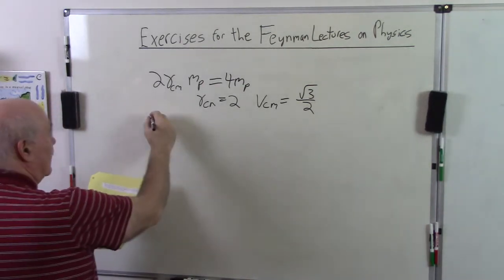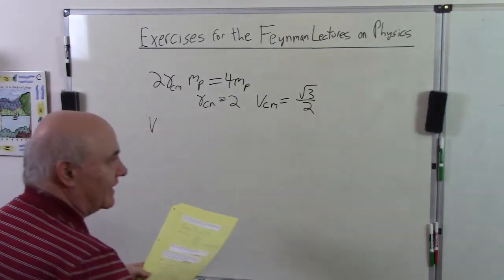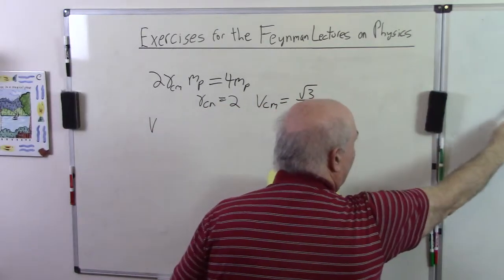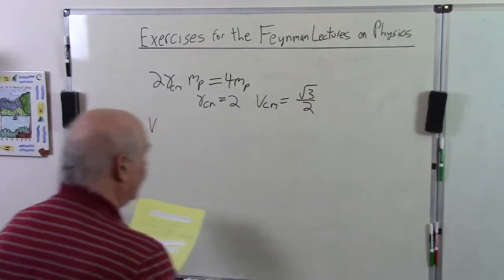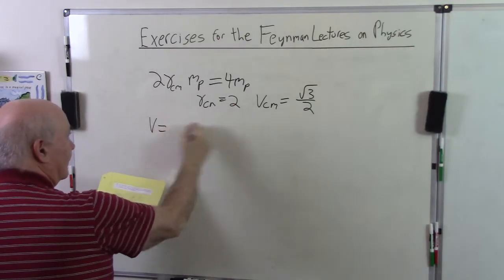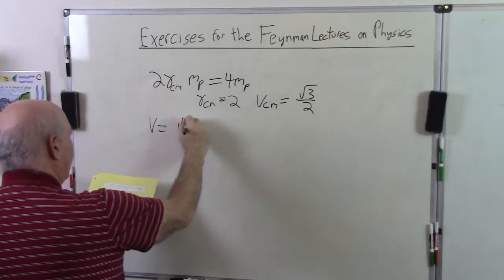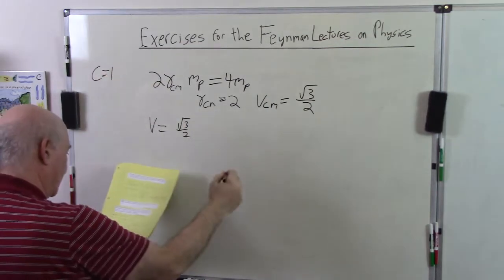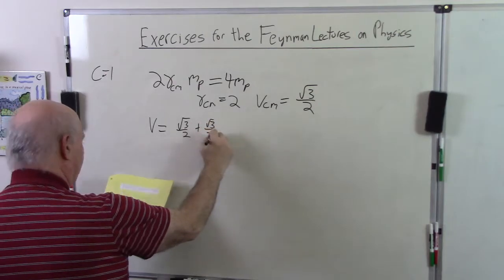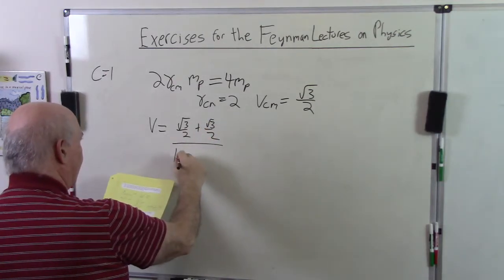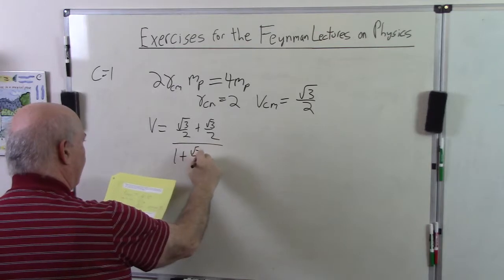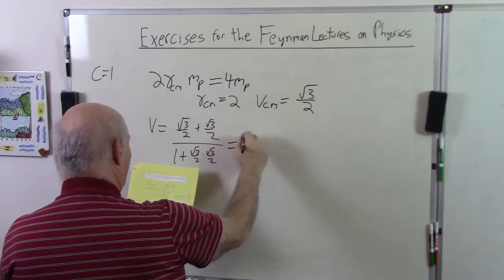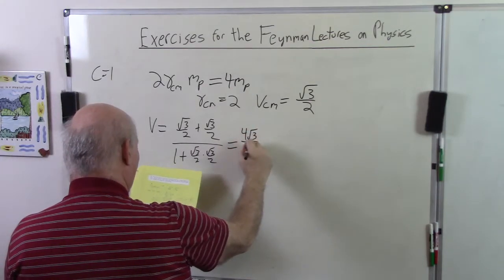Now, the velocity of the particle in the lab, this particle that hits the target particle, we're just adding two relativistic velocities of that magnitude, so it's going to be the square root of 3 over 2, again, c equal 1 in all these videos, plus the square root of 3 over 2, divided by 1 plus square root of 3 over 2 times square root of 3 over 2, and this is equal to 4 times the square root of 3 over 7.